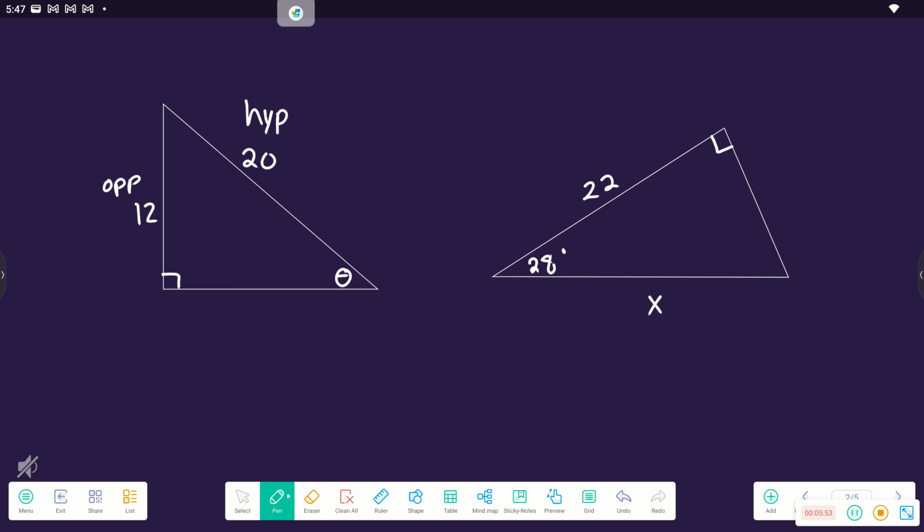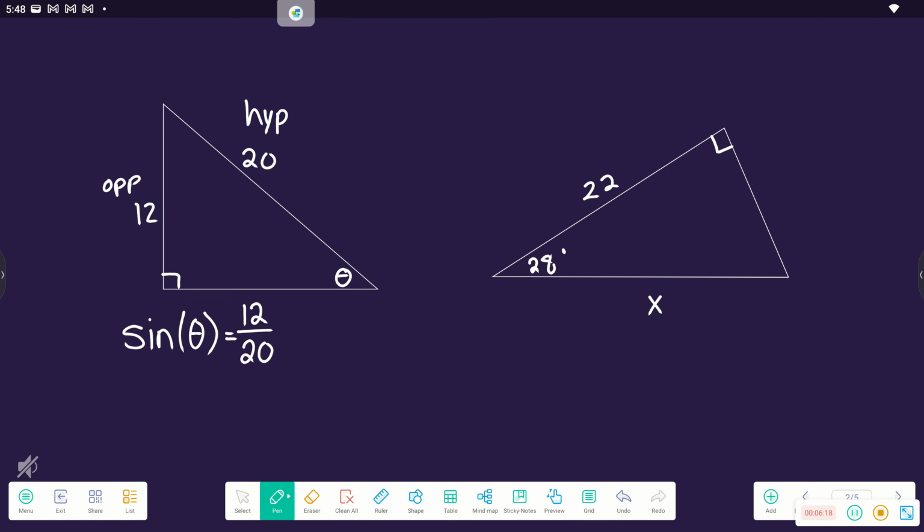So thinking about SOHCAHTOA, which of my trig functions uses both the opposite and the hypotenuse? And that would be my sine function. So I know sine of theta of that angle will equal 12 over 20.